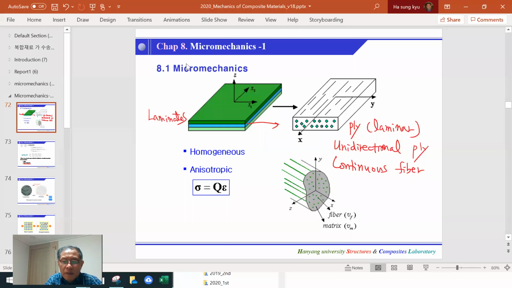This ply, of course, consists of continuous fiber. Continuous fiber, again, means the fiber is not broken. It's not short, not long, but continuous.